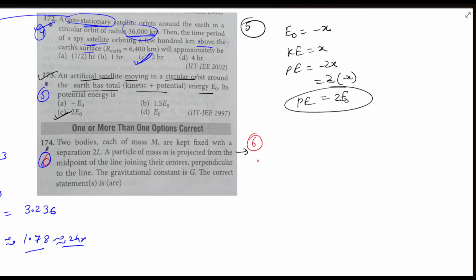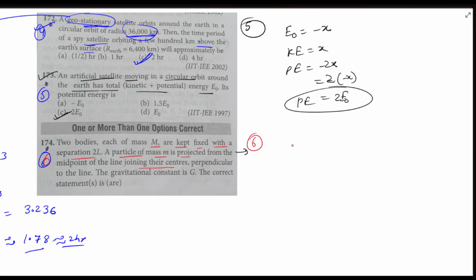Okay, what we have here is two bodies, each of mass M, kept fixed with a separation 2l. The particle of mass m is projected from the midpoint of the line joining the other two centers, perpendicular to the line.